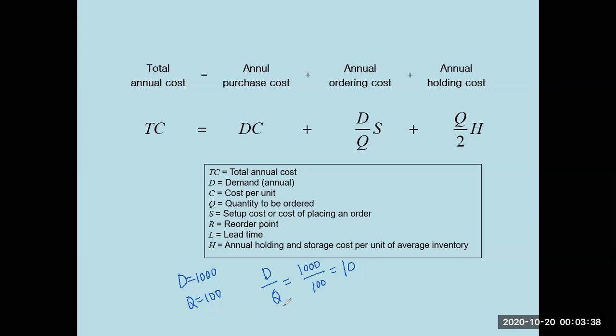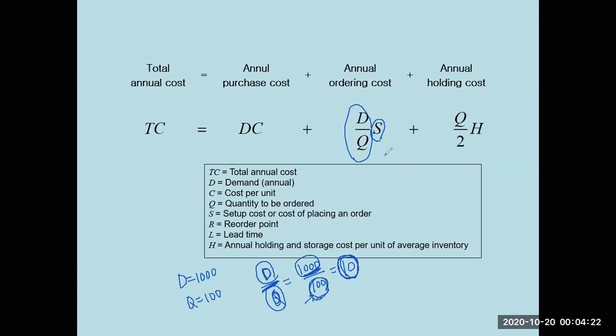So if order size is Q and annual demand is D, 100 and 1,000, to satisfy this annual demand with order size 100, we place orders 10 times. So uppercase D, annual demand, divided by order size Q is how many orders we place, and then the order cost.